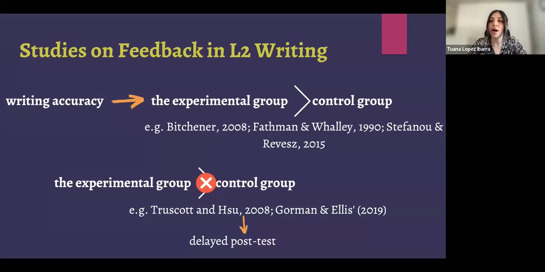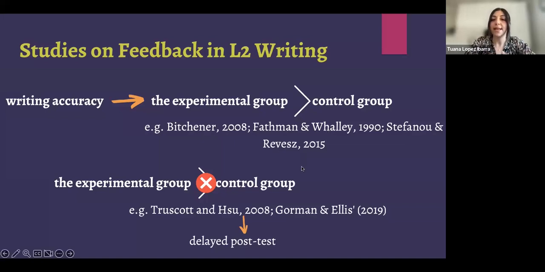So that's why they were digging into this topic more, looking at it from a different side of the coin. And that's why they said the delayed post-test should also show the difference between these groups. As mentioned in another study in the field, it is called the feedback transfer effect. So if the students can receive feedback, internalize it, can they transfer that feedback into a different work?